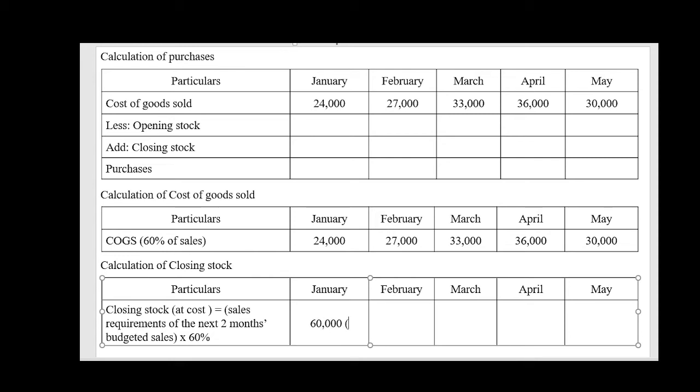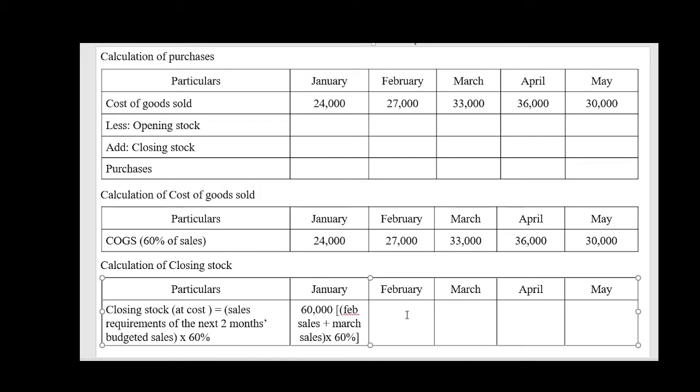Let me put up the calculations quickly over here. It is Feb sales plus March sales, and we need to take 60% of it. That's the calculation for closing stock.